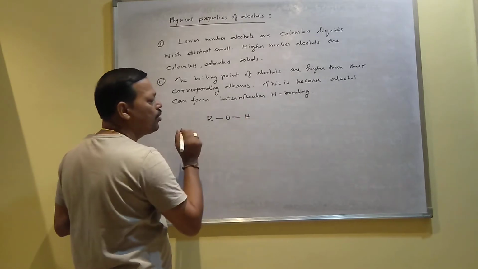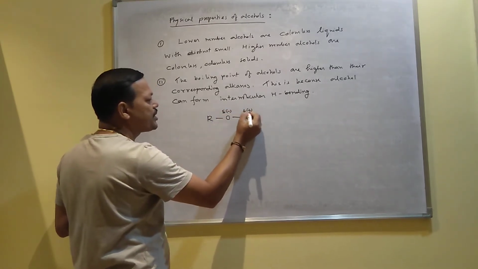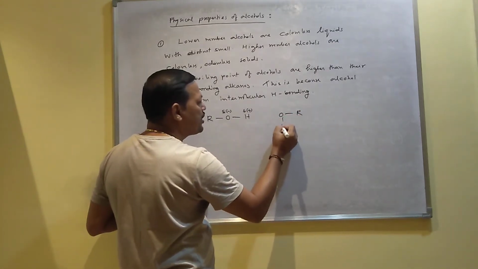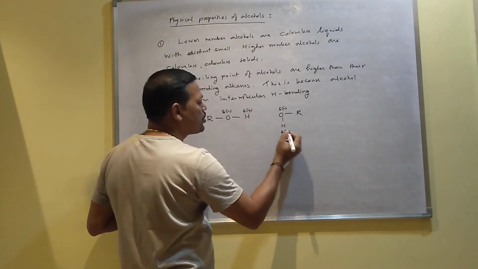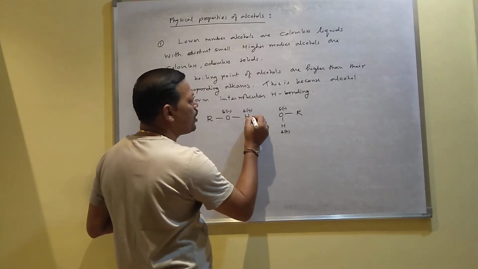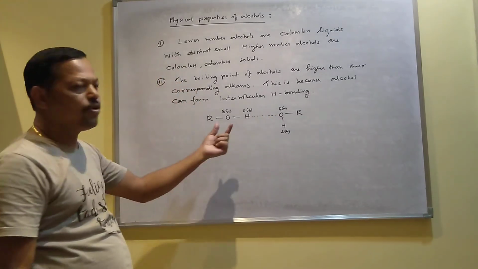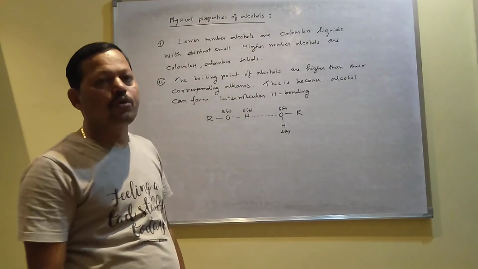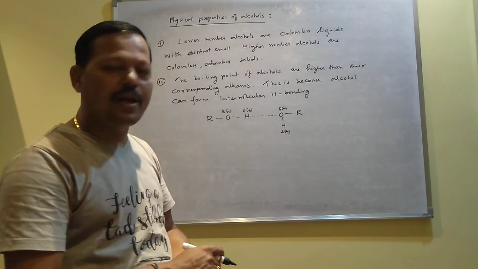This is one alcohol. Oxygen is electronegative, that's why it becomes polar. It produces delta plus and delta minus. This is another alcohol, ROH. Here also it will produce delta plus and delta minus. So the positive end of one molecule is attracted by the negative end of another molecule and they can form hydrogen bonding like this. And those organic compounds which can form hydrogen bonding always have higher boiling point and melting point.